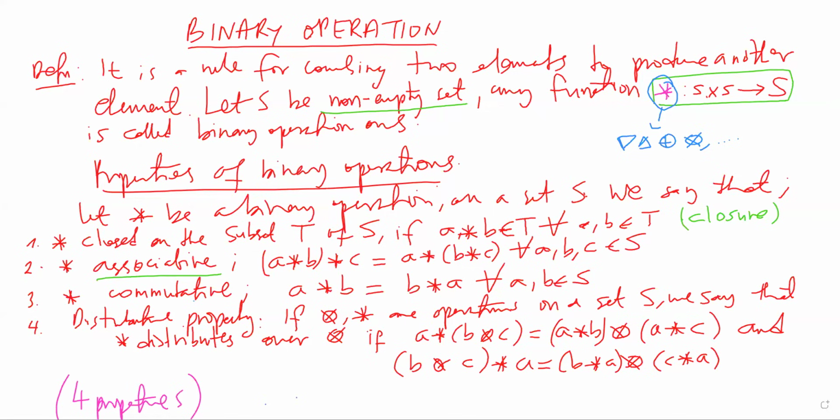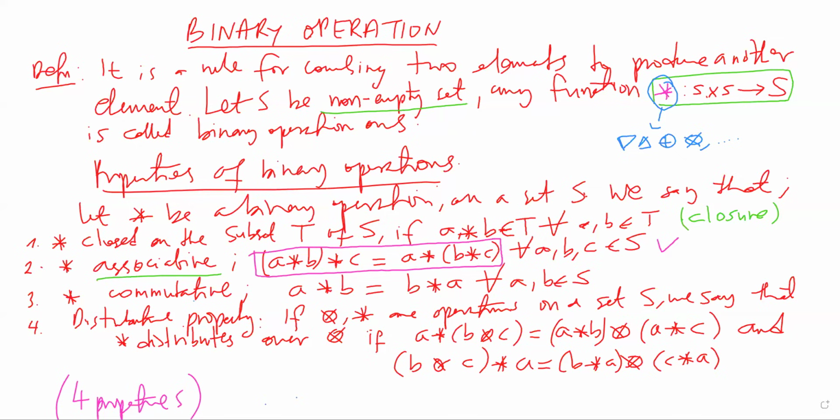If you want to say that an operation is associative, then you should be able to show that the associative property holds.